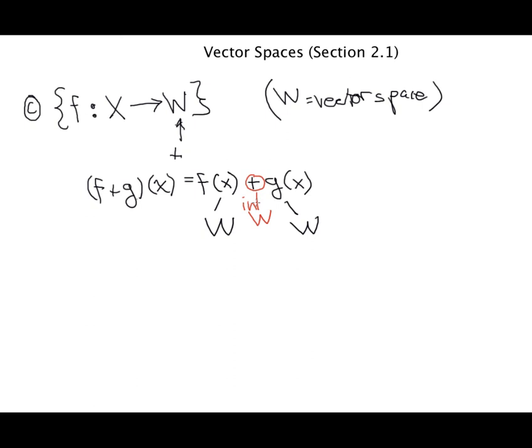Well, if you go through the properties that you need, you'll see that since the corresponding properties hold in W, this thing becomes a vector space.